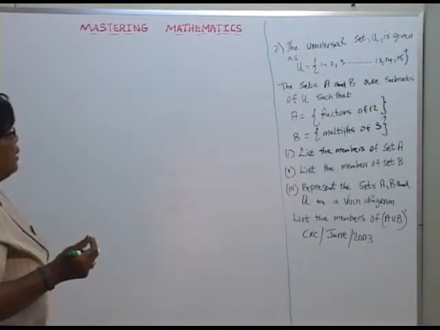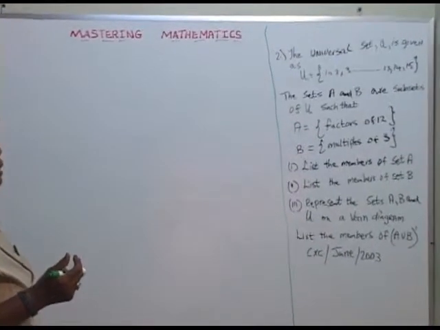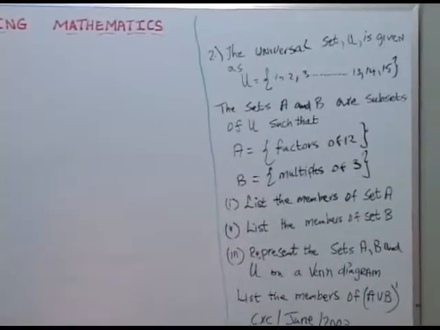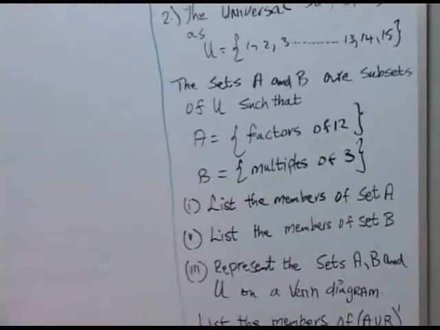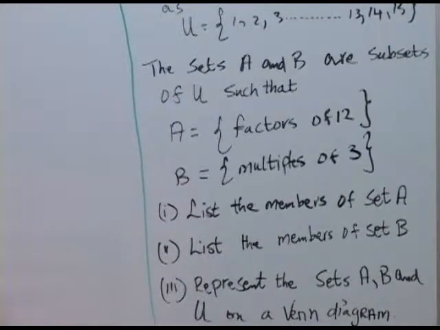Then they tell us the sets A and B are subsets of U such that A equals factors of 12, B equals multiples of 3. So once they give you factors of 12, you start writing down what the factors of 12 are, okay?